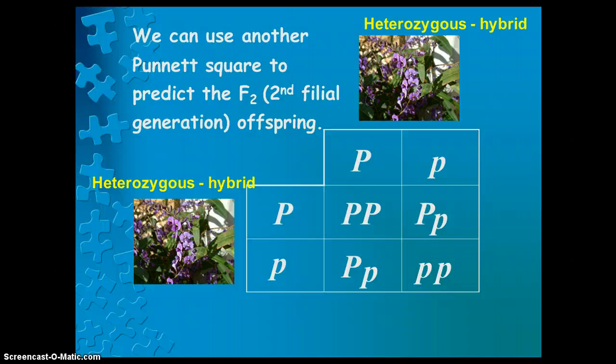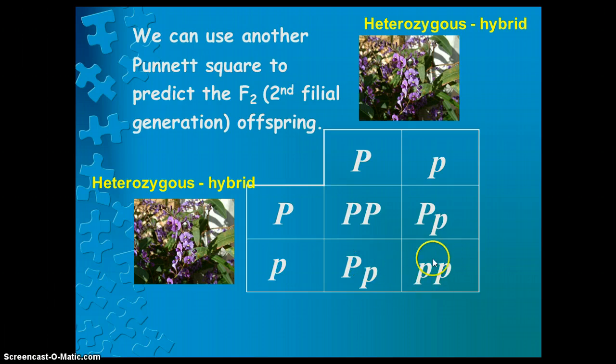Which means that this guy is going to be purple, this guy is going to be purple because this big P is going to be dominating over this little p. This guy right here is going to be purple because, again, the big P is going to be dominating over the little p.